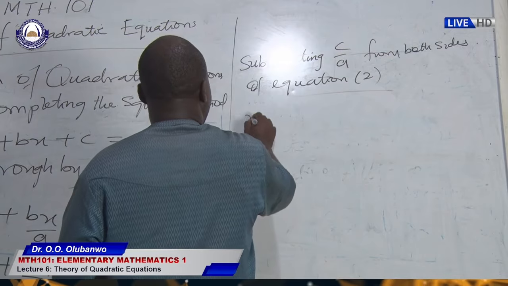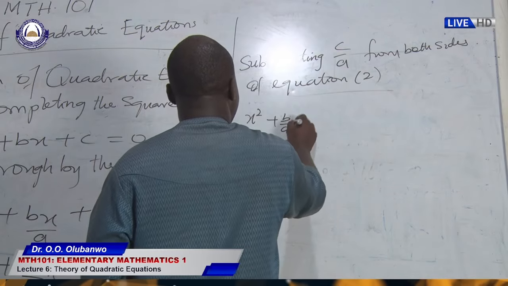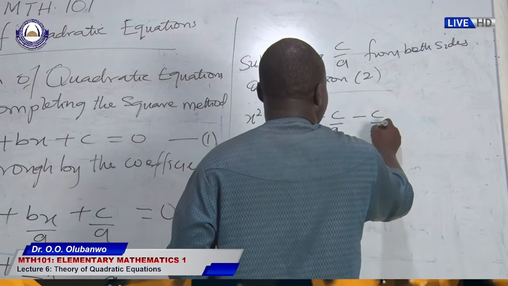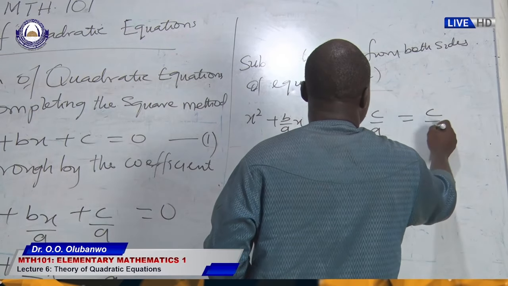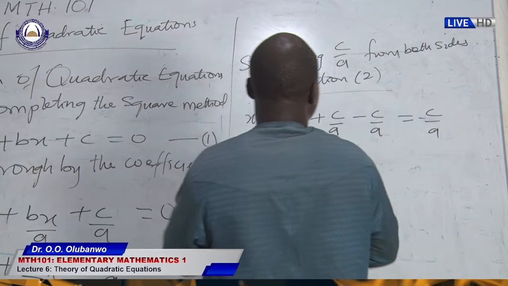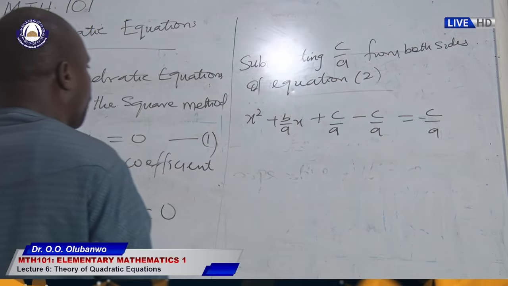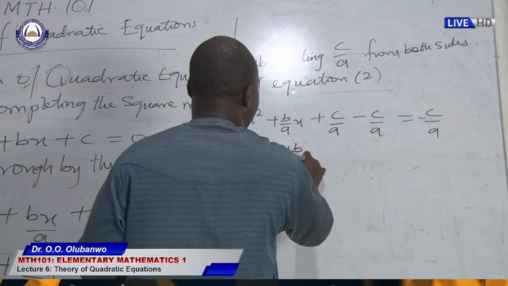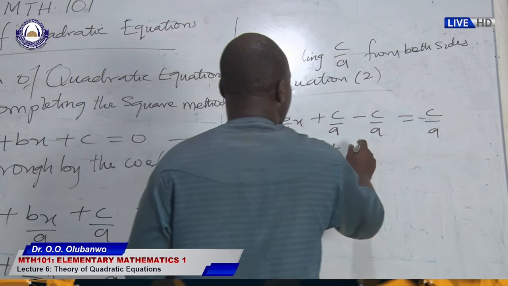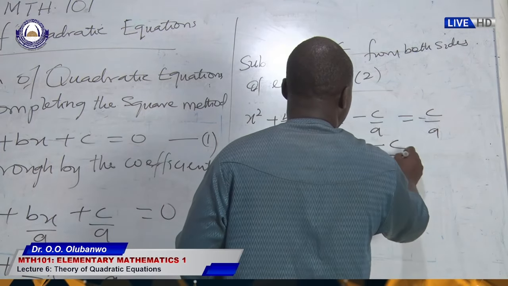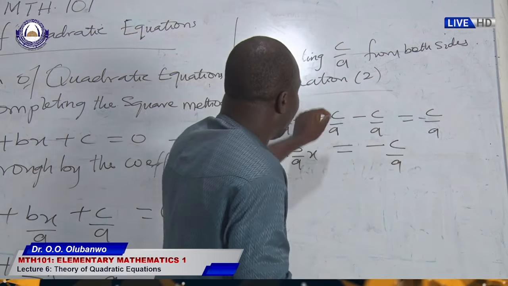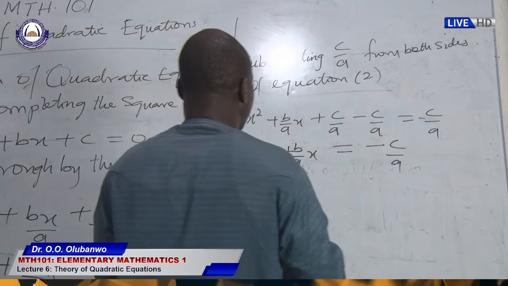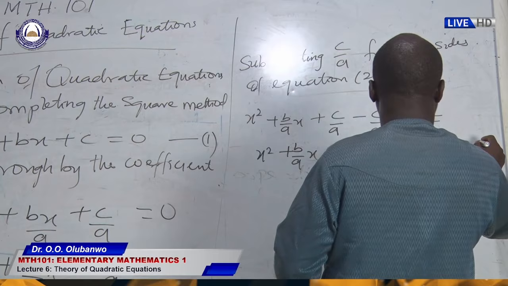This will give us x squared plus b over a x plus c over a minus c over a equals 0 minus c over a. Subtracting c over a from both sides, this will give us x squared plus b over a x equals minus c over a, because c over a minus c over a gives 0. Now, this produces equation 3.